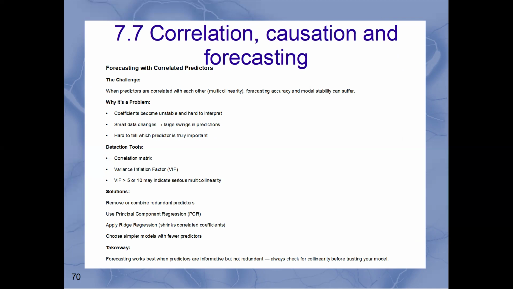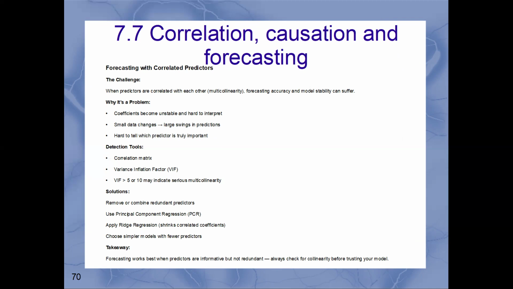So for detection tools, we have something called the correlation matrix and the variance inflation factor, the VIF. If VIF is greater than 5 or 10, it may indicate serious multicollinearity, where the predictors, the variables that you're using for prediction, are actually collinear and depend on one another.